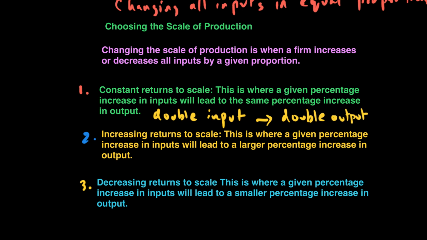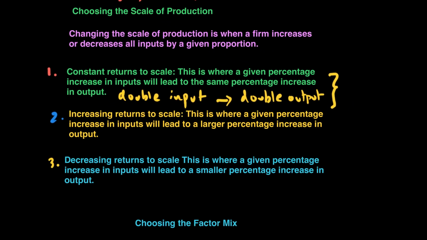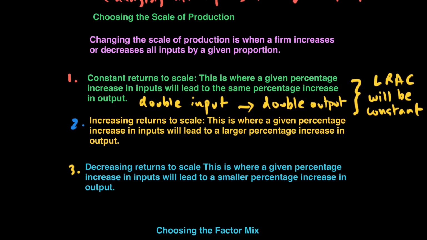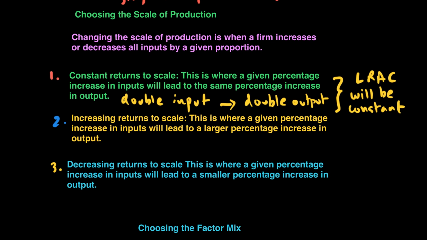So you double all your inputs, and as a result your output also doubles. If you have constant returns to scale, then one would argue that the long run average cost will be constant. Why? Because you doubled your input, the cost doubled, and the output also doubled, so the long run average cost curve will not change.